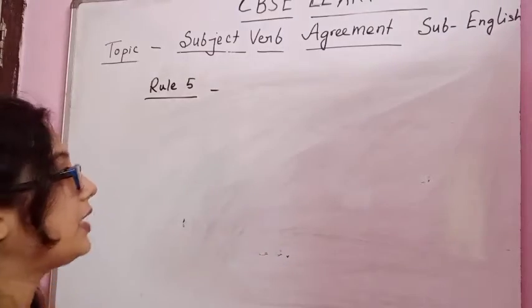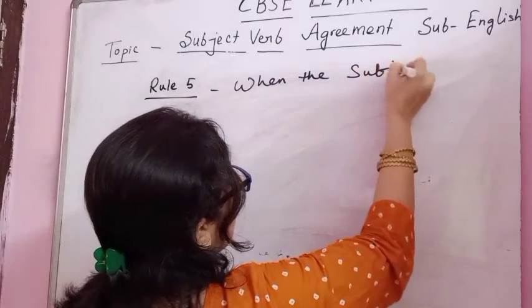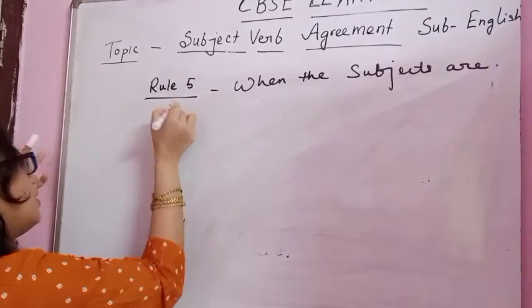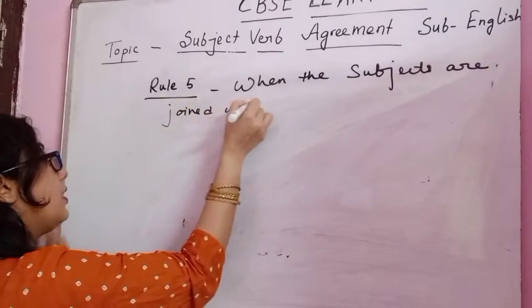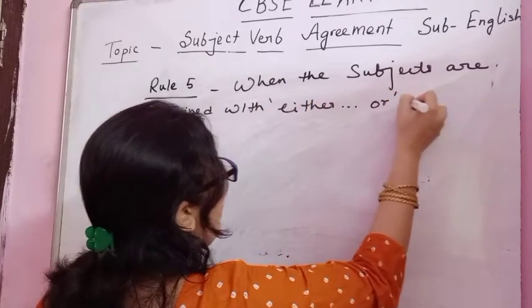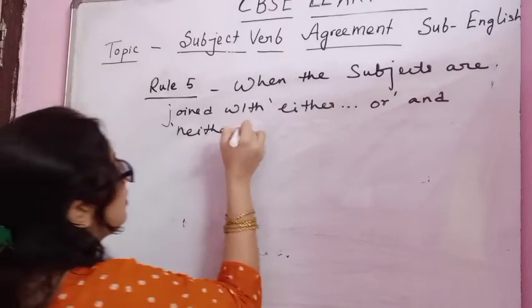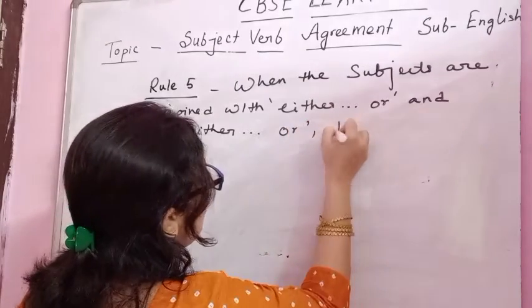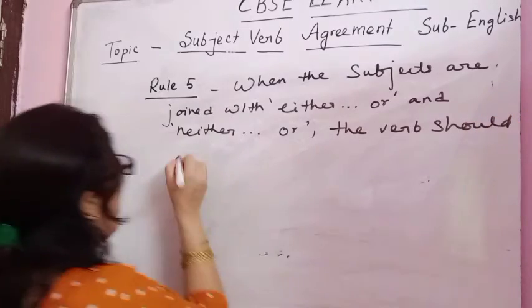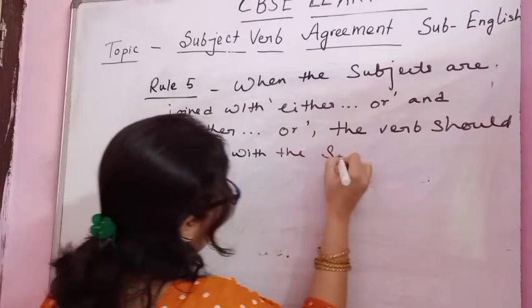Now rule 5: when the subjects are joined with either or, neither nor, the verb should agree with the second subject.